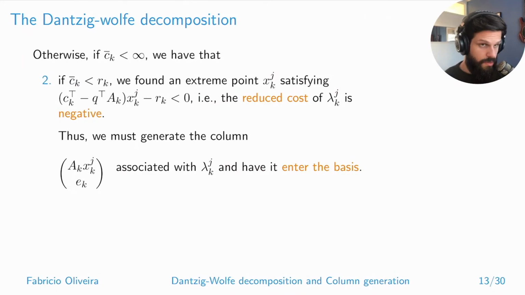So if you found a variable with a negative reduced cost, then it is a variable you're interested in making basic. So you generate its respective column just like the other one: get the value of that x you just found, multiply by A, and the column is made like so. And that is the previously non-basic variable that you're making basic.